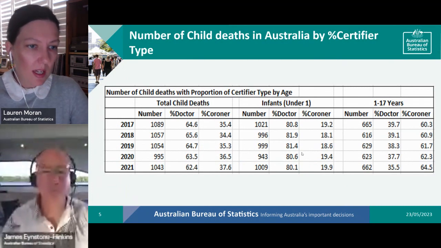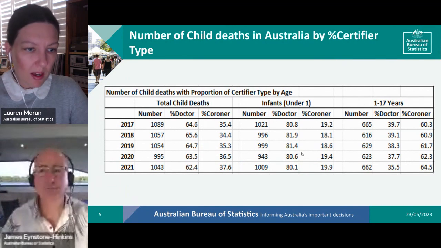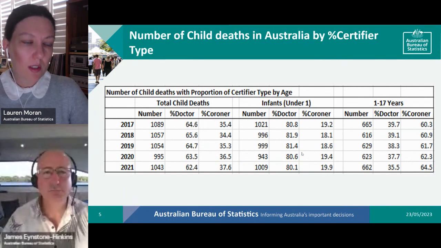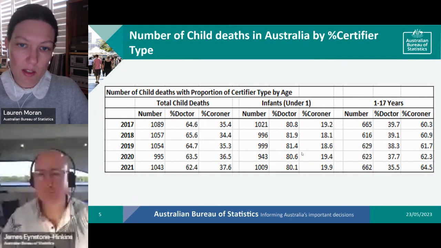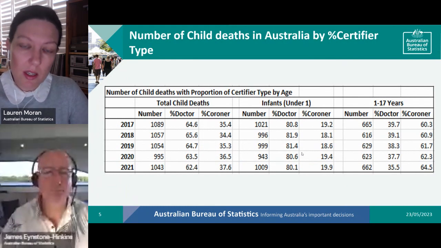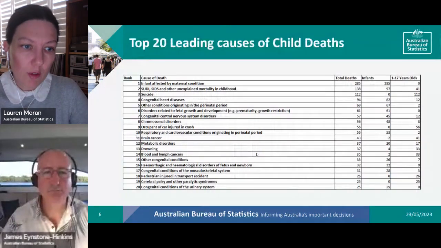On the next slide, I've put up the leading causes of death that the ABS publishes in Australia, and this is for 2021. James will talk through particularly some of these categories. We can see that infant deaths affected by maternal conditions is the number one cause of death.